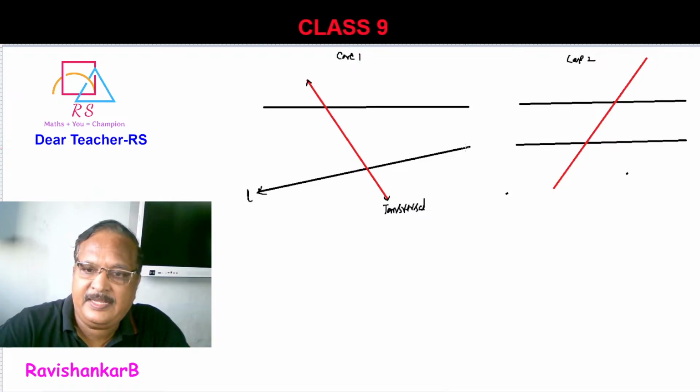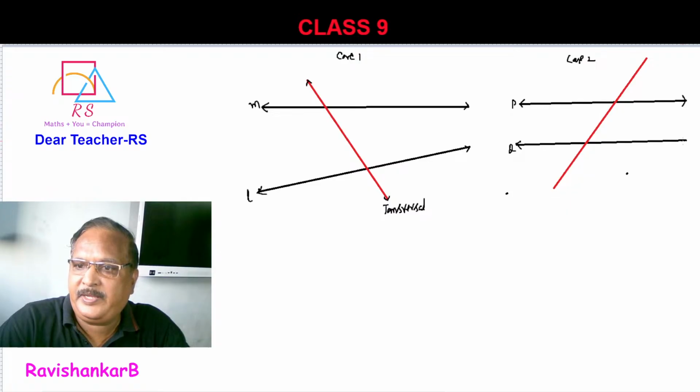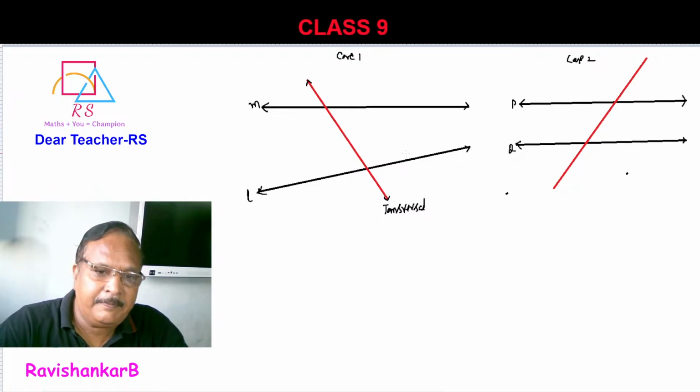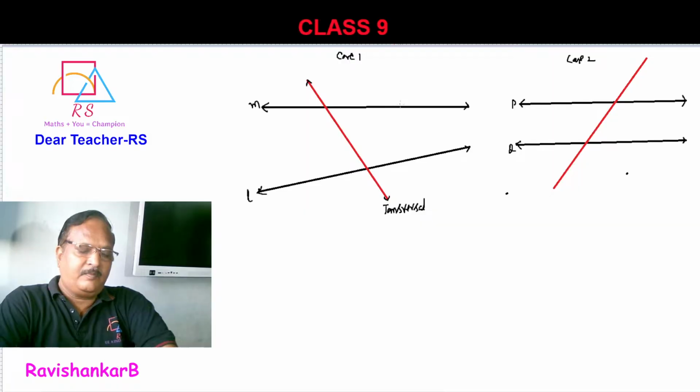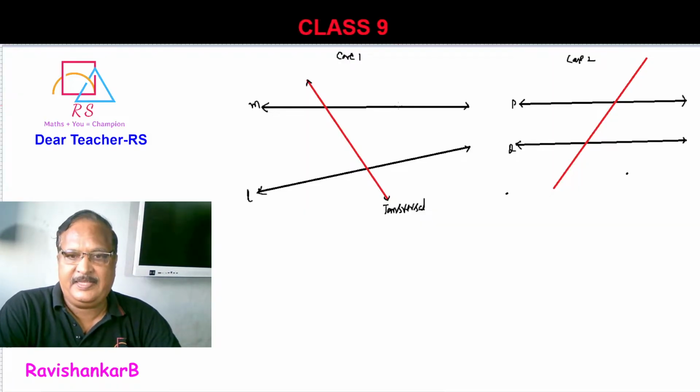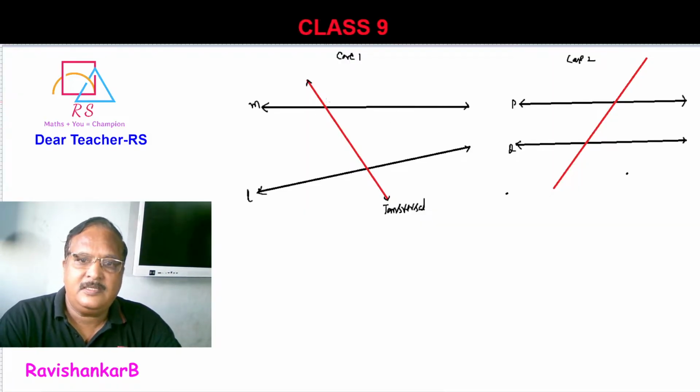So here let me give the names. L and M are in the first case. In the second case, P and Q. So P and Q are parallel lines, L and M are not parallel lines. Whatever the case may be, whether they are parallel or not, total 8 angles will be formed: 1, 2, 3, 4 and 5, 6, 7, 8.